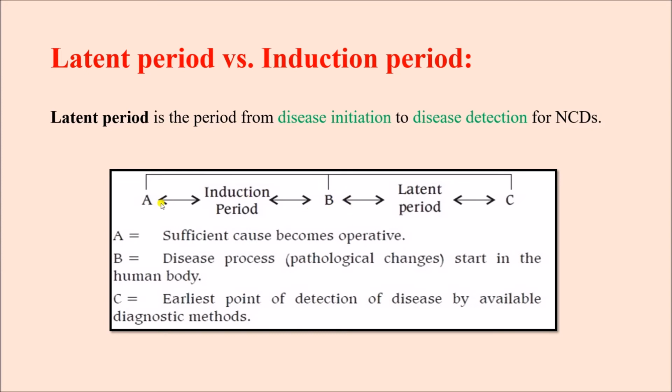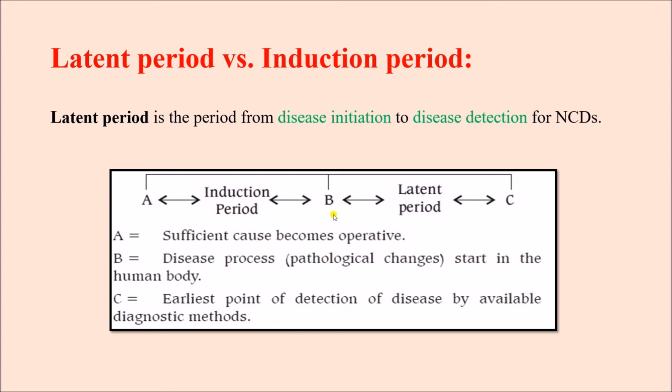So it may take a few years until there are any pathological changes in the human body. So this is actually when the disease process starts, at point B. This time gap between point A and point B, that means when the risk factors start acting together and when the disease process starts at cellular or pathological level, is known as the induction period.